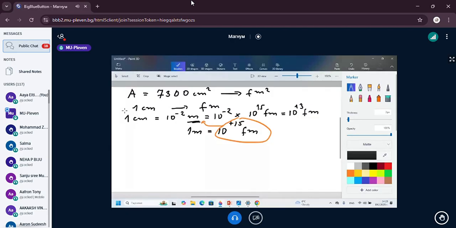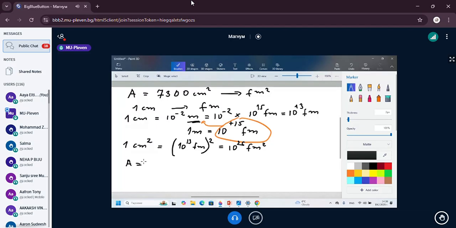Now let us, what to do? Take squared units. So we've got 10 power 13 femtometers squared. So the first multiplier squared is 10 power 26 femtometers squared.